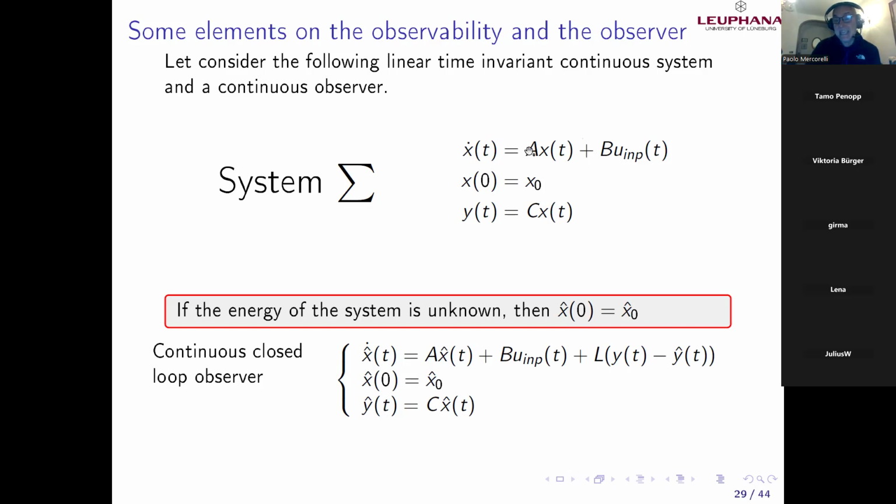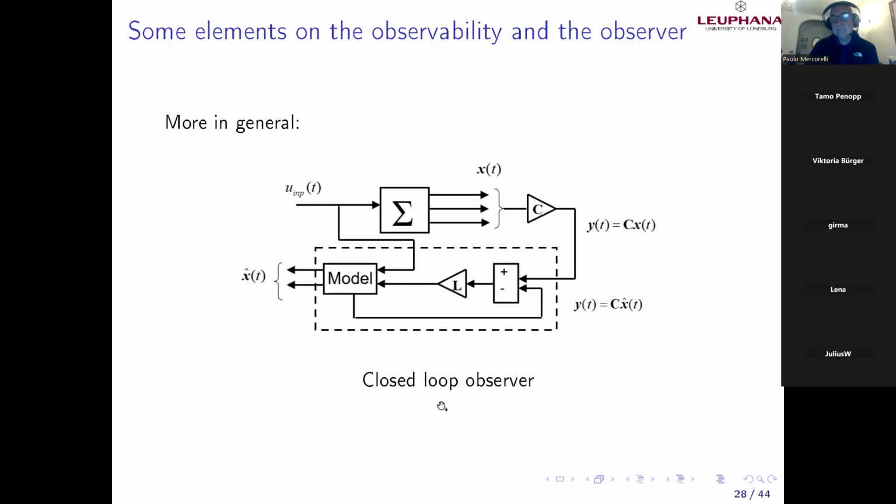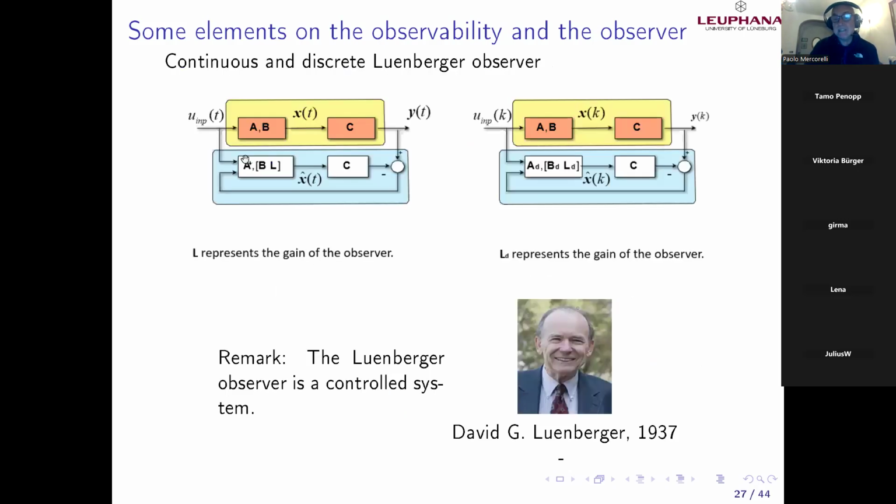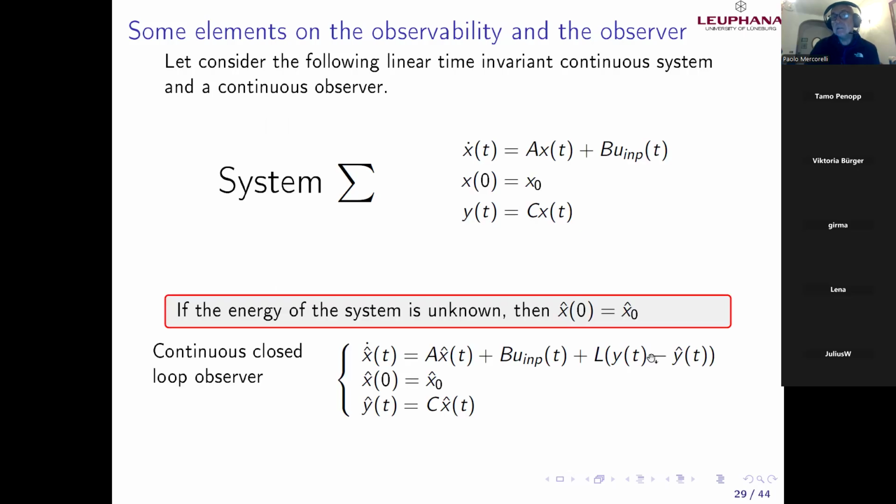We can see the matrix A of the system is the matrix A of the observer. The matrix B is the matrix B of the observer. The matrix C of the system is the matrix C of the observer. If you look at the scheme here, which is a little bit better, in my opinion, than the scheme on the left, a possible definition of the observer is to add another input.